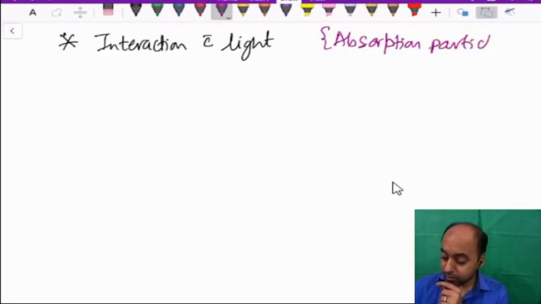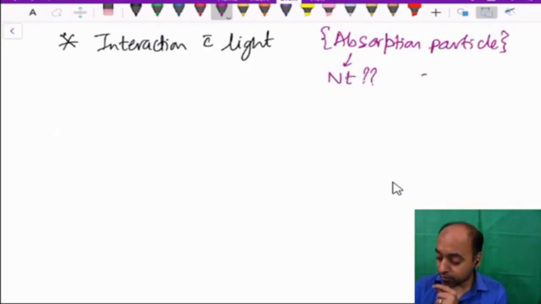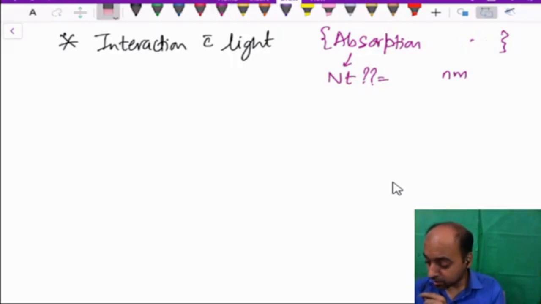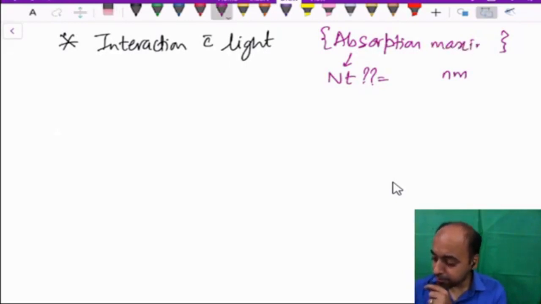What is the absorption maxima for nucleotides? At what wavelength will the nucleotide show the maximum absorption?